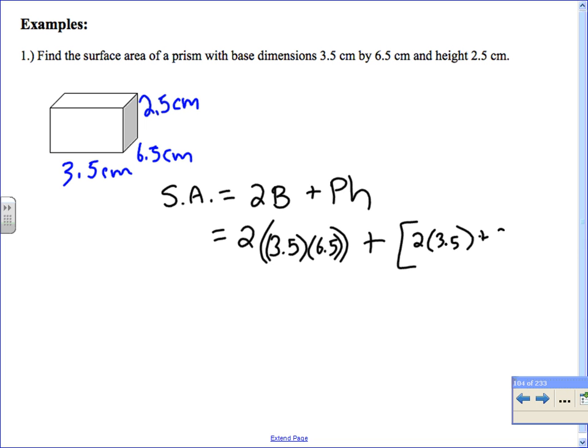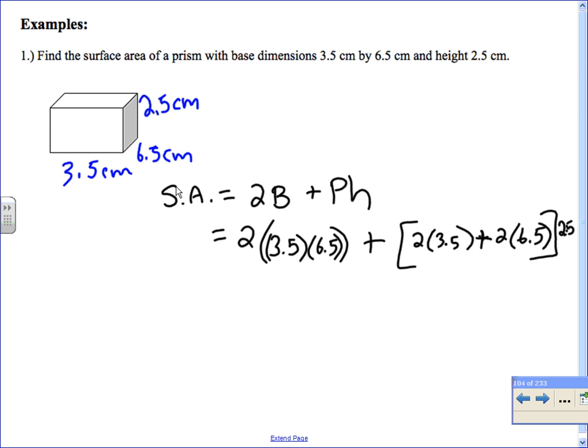Charles, we're multiplying the whole perimeter by, good, 2.5. Mary, all we did was find the perimeter of the base. Perimeter is when you add up all the sides. It's a rectangle, so to find the perimeter of a rectangle, 2 times length plus 2 times width.